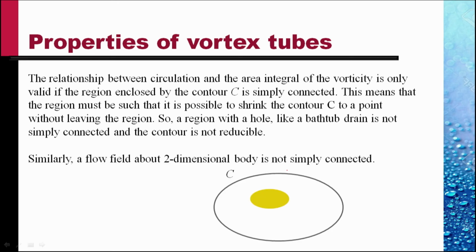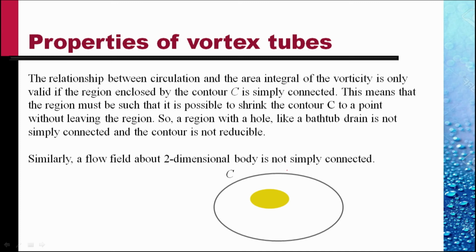Similarly, a flow about a two-dimensional body is not simply connected. This circuit C shown here cannot shrink to a point. The presence of this yellow body would forbid that.